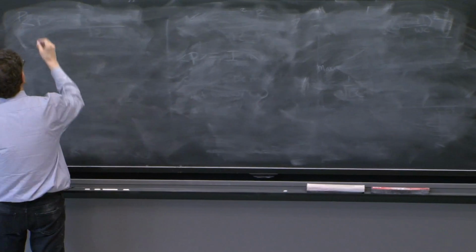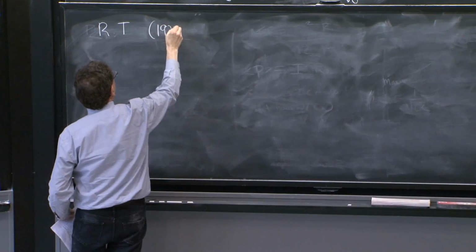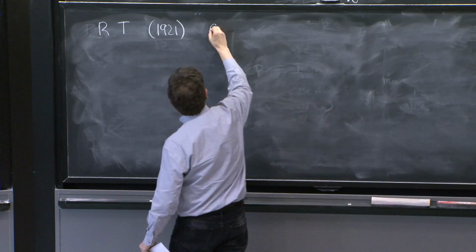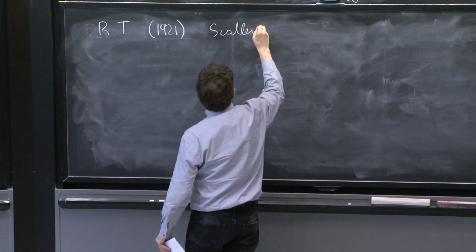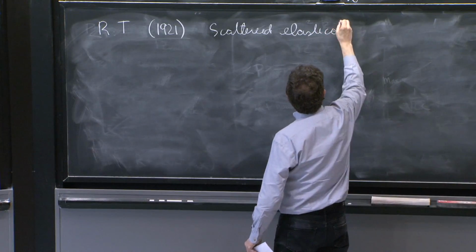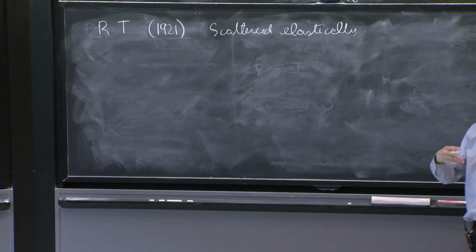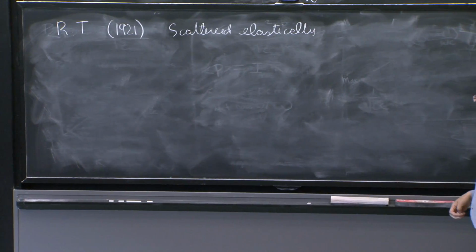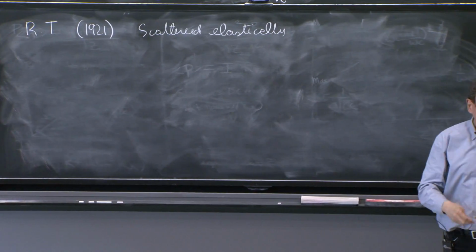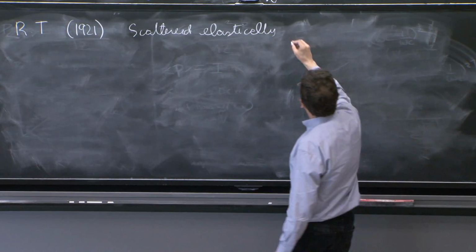Ramsauer and Townsend, in 1921, scattered electrons elastically. That means the particles didn't change their identities. You didn't create more particles, just electrons came in and electrons went out.